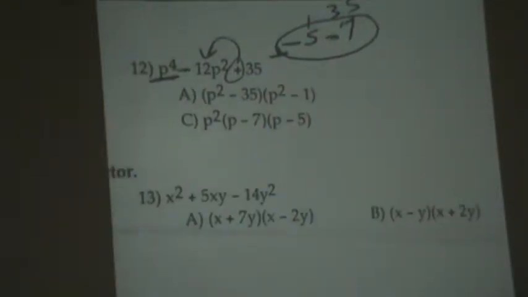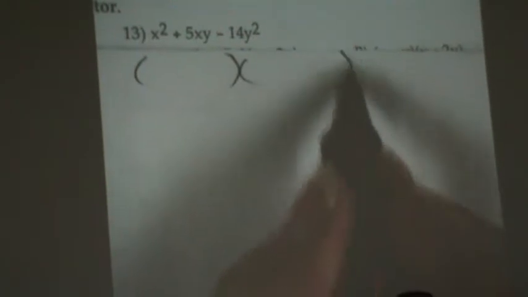Okay? Number 13. Did they have anything in common? Nothing in common. Okay, let's factor it. How do you get x squared? X times x. The y squared, we do y times y. Now the 14 will be 1 times 14 or 2 times 7.